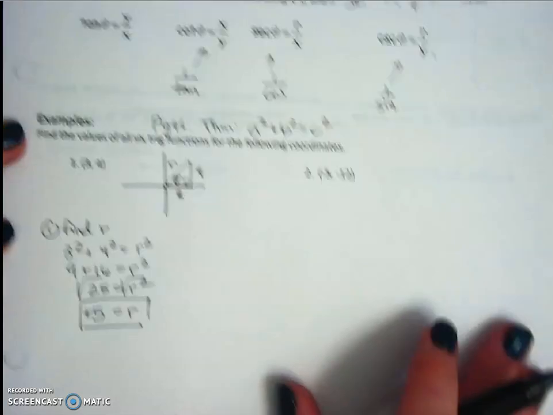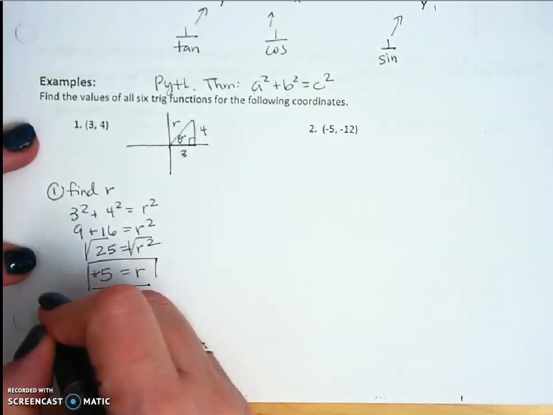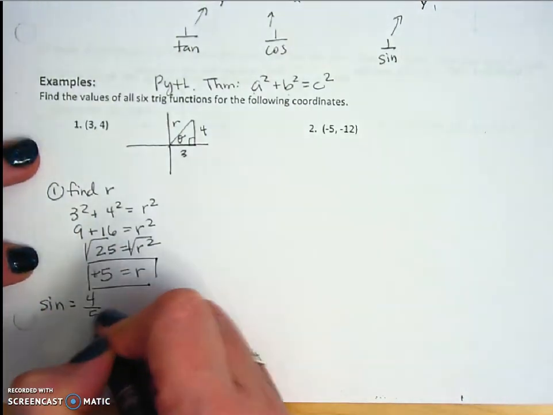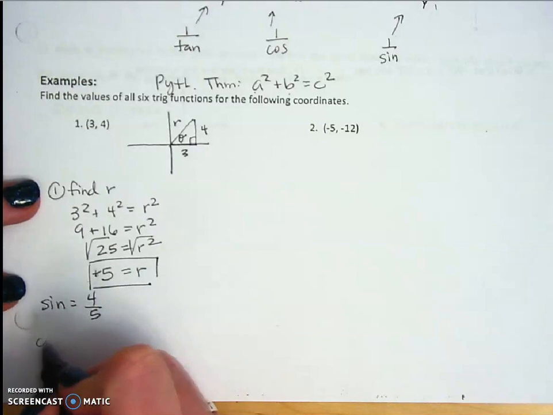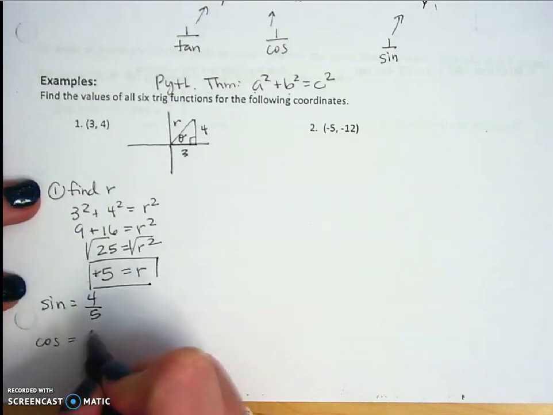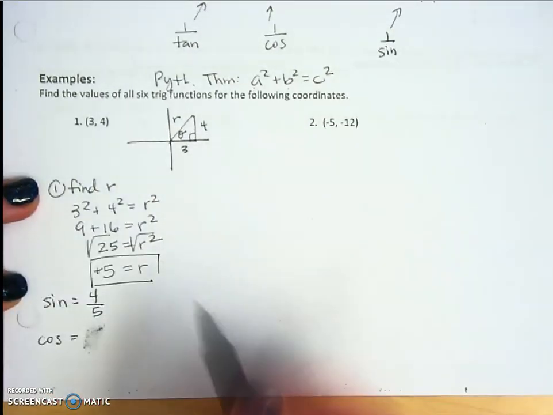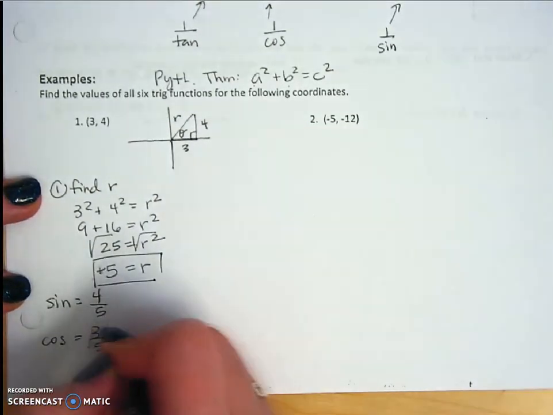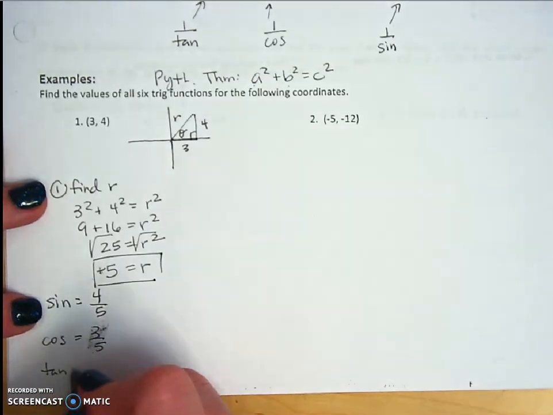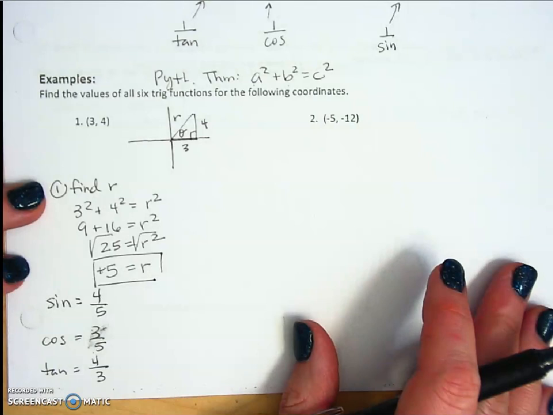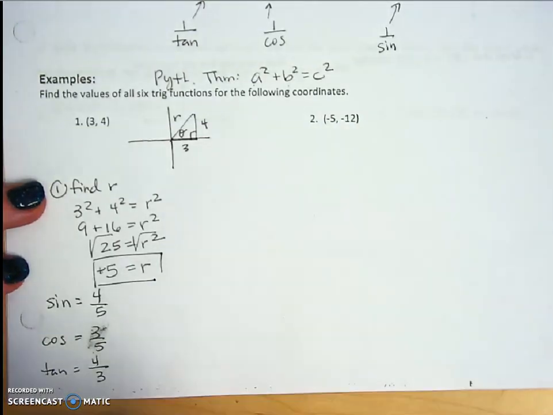So sine is y over r, or 4/5. Cosine of theta is x over r, or 3/5. Tangent theta is y over x, or 4/3. And then the reciprocal functions are just flipping those.